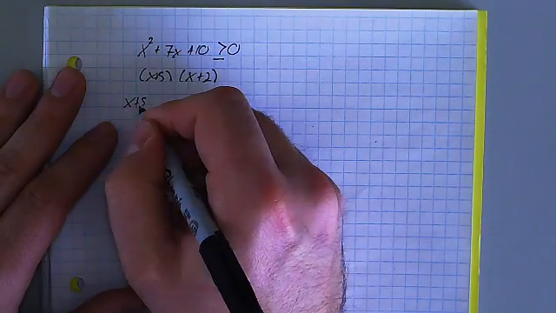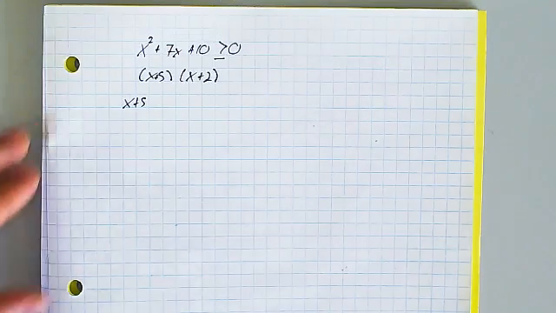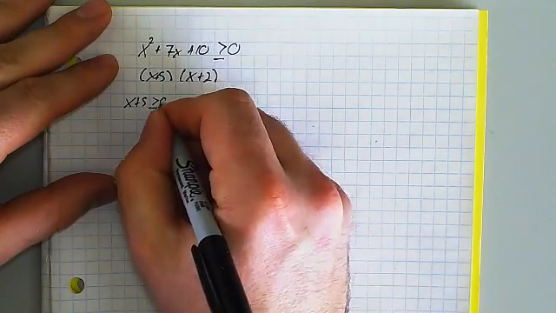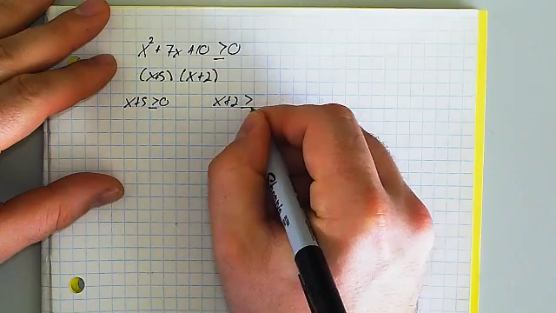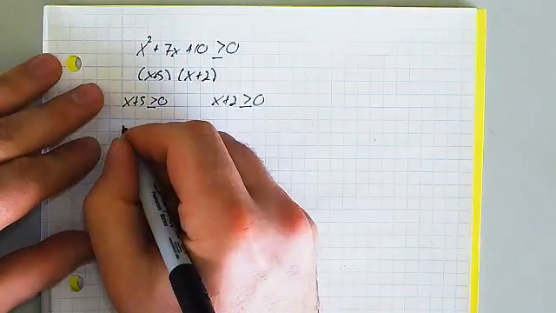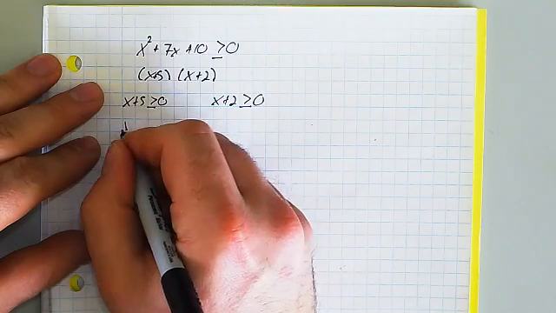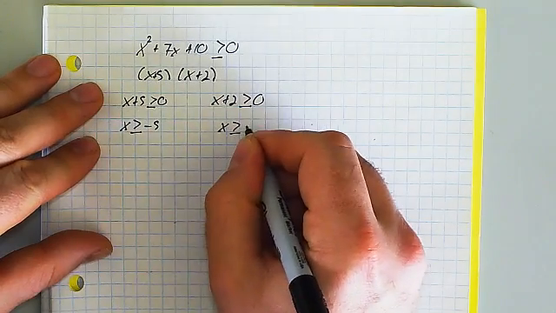Normally we would set these equal to 0, but because it's an inequality, we're going to have them set equal to, we'll have them greater than or equal to 0, and x plus 2 greater than or equal to 0. You solve it normally, take 5 other side.